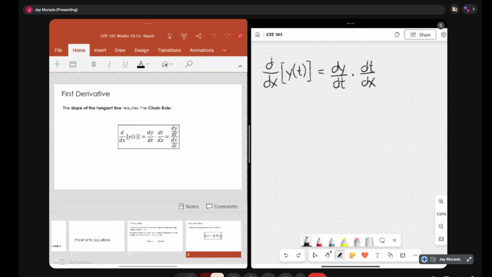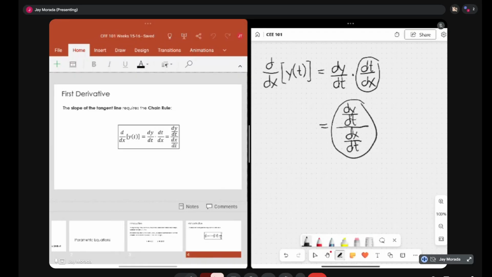Since we can treat it as a fraction, this dt over dx, we can rearrange it as a denominator. So that will leave us with dy dt over dx dt. So actually, this version is more intuitive.